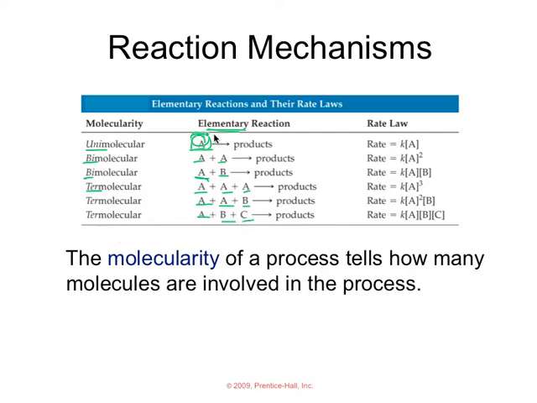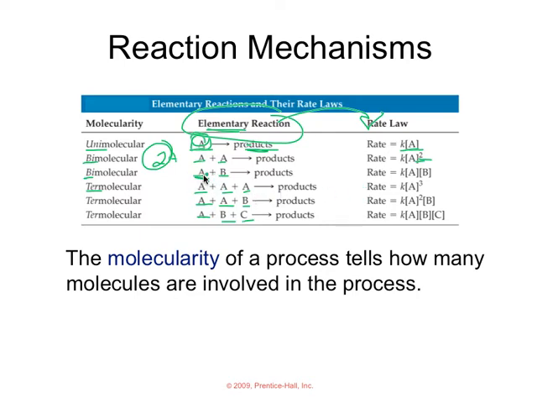The cool thing about elementary reactions is you can write the rate laws straight from the reaction as written. So if it's unimolecular, compound A is going to make products, the rate law is the rate constant times the concentration of A to the first power. If it's A plus A or 2A, this coefficient I can use as the power in my rate law.